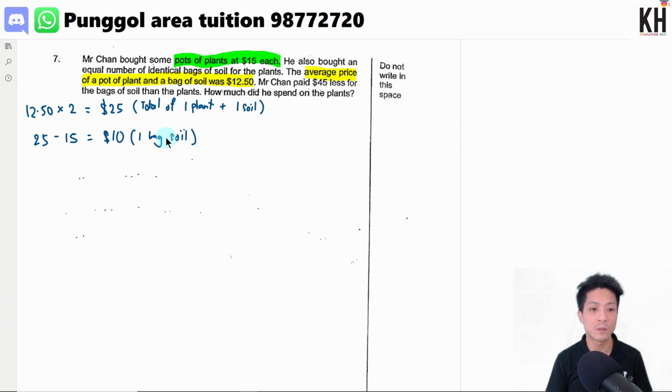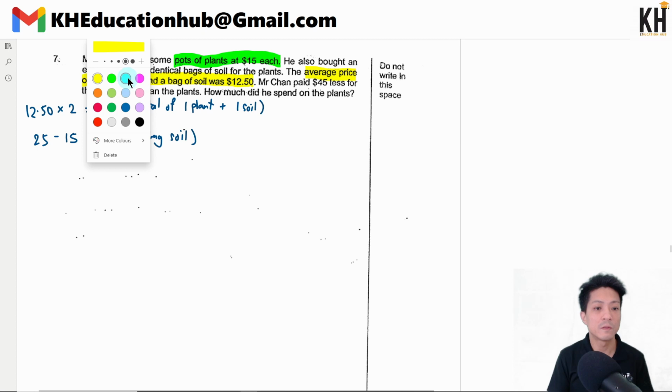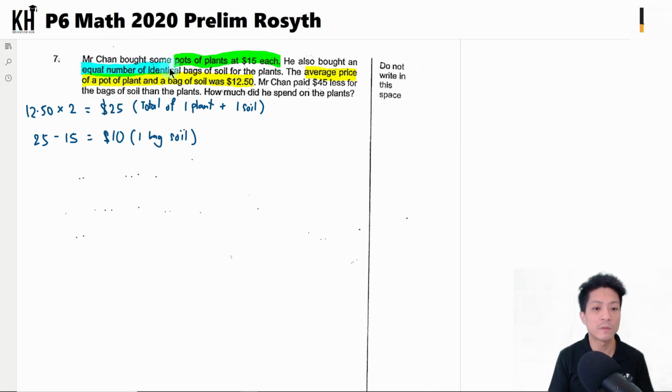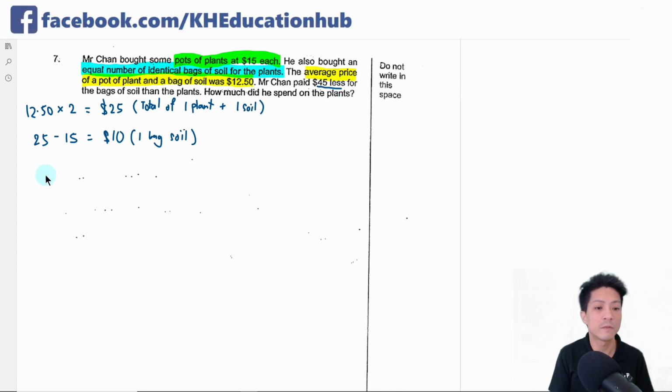In this question, the key thing is actually this over here. He bought an equal number of identical bags of soil for the plants. So equal number of plants and soil, right? Which means that he paid $45 less for the bags of soil. So $45 is the difference.